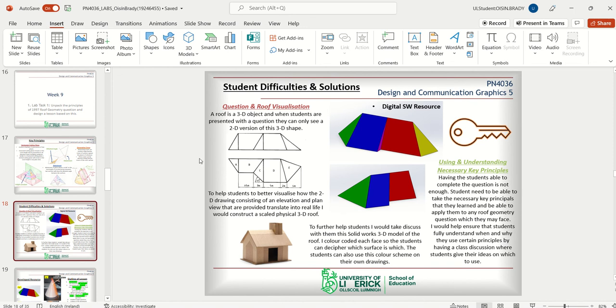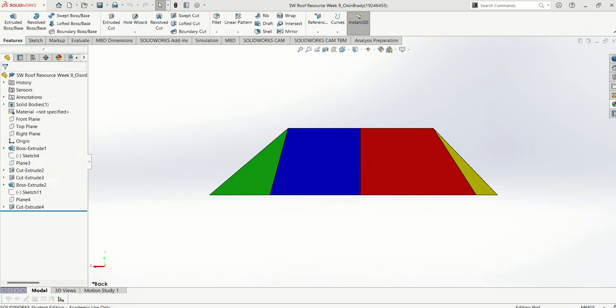Another way to help with this is by having the students look at a SolidWorks 3D model of the roof. I just have two pictures of it there, showing that each face is color coordinated so students can distinguish between each face. We'll just go into SolidWorks quickly and have a look. You can see here on the piece of paper the question, students will be presented with an elevation like this, and it's flat.